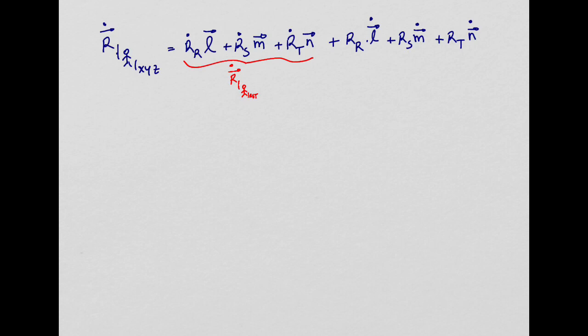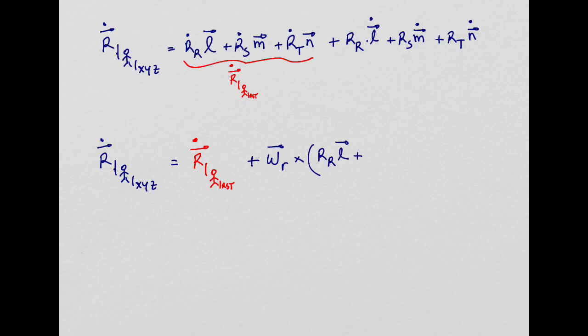So this is going to be equal to this plus WR, angular velocity, cross product with RRL plus RS times M plus RT times N. And where did this come from?